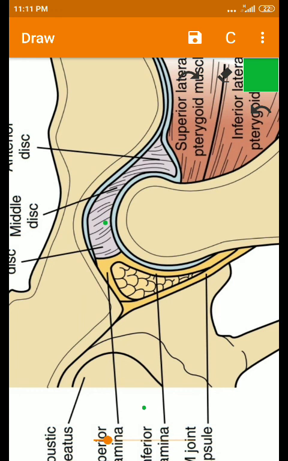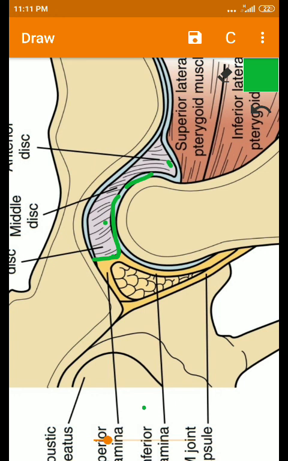So these are the features of the articular disc: where it is present, its measurements, its shape, its functions, and its attachments inside the joint. Each attachment has an individual function which helps in maintaining the disc in position throughout the mandibular motions.